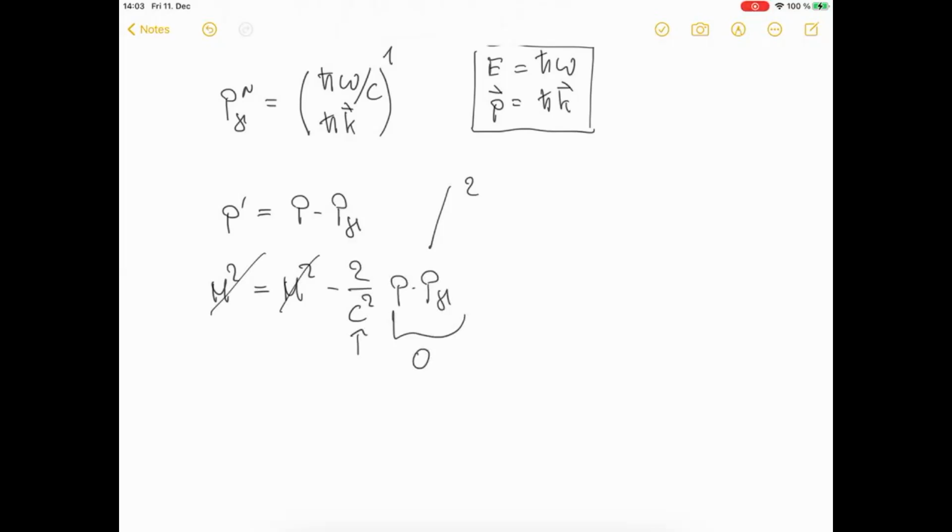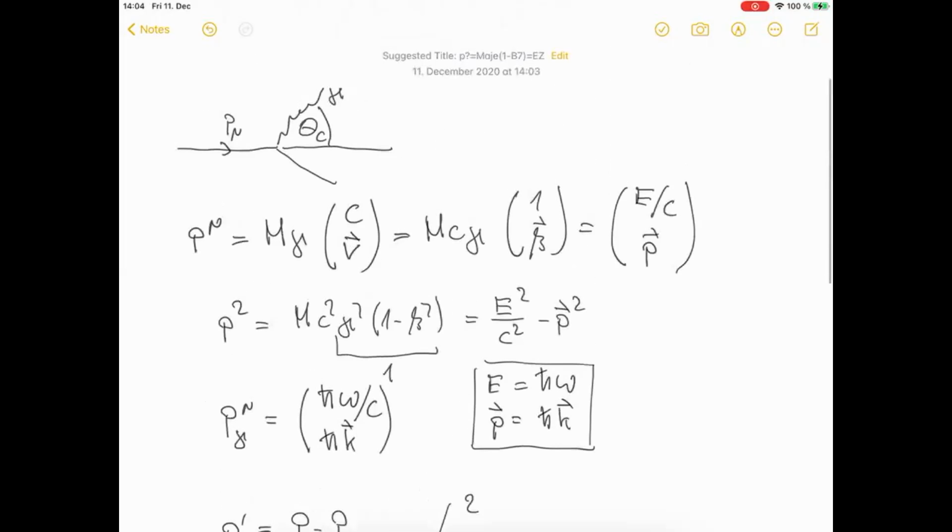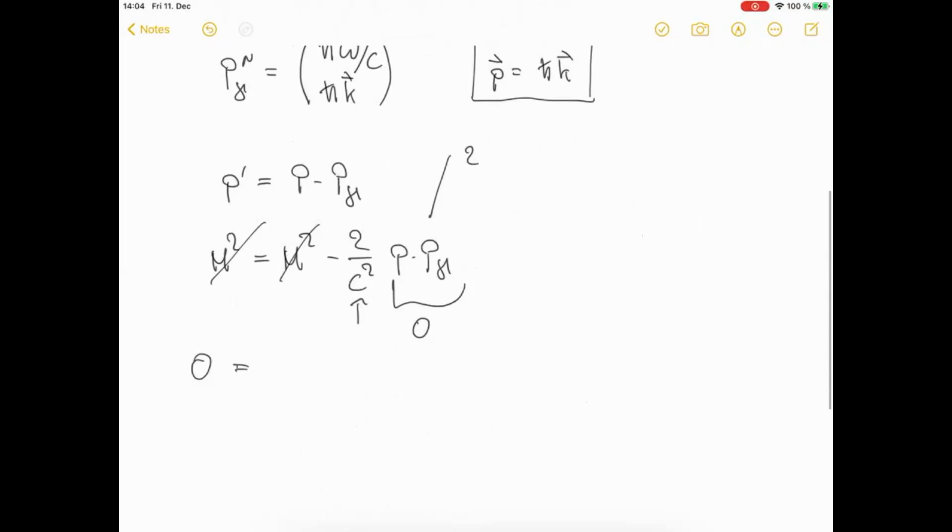And what is it that has to be 0? We can now write this in components, and we use the forms of the momentum for the incident particle and the photon as given above. So we know that E over c times h bar omega over c minus h bar times k dot p, this must be 0.